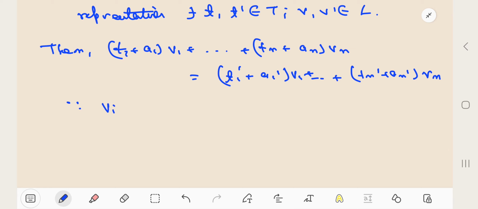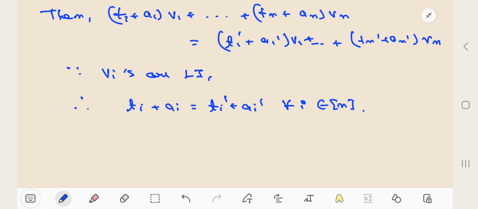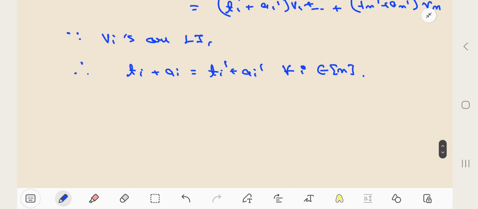Since these vi's are linearly independent, each of these coefficients must be equal to each other. Therefore ti plus ai must equal ti prime plus ai prime for all i from 1 to n. So this implies that ti minus ti prime equals ai prime minus ai, and this is an element of the integers.